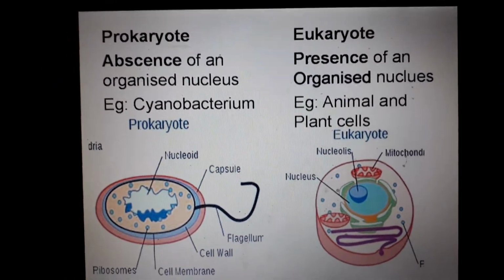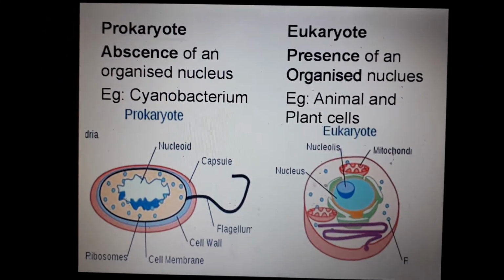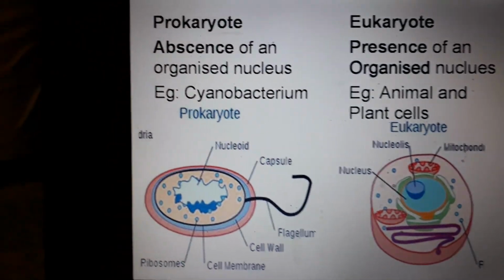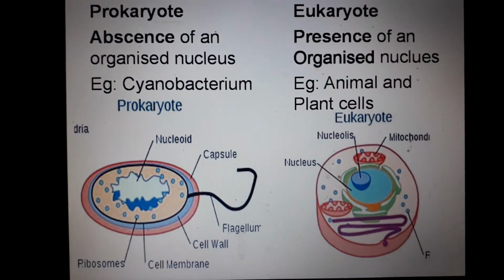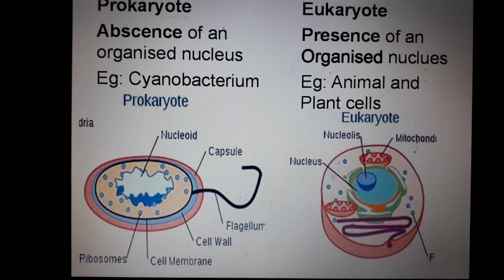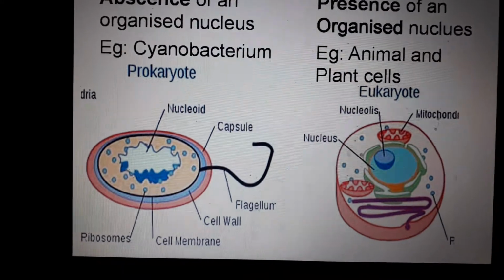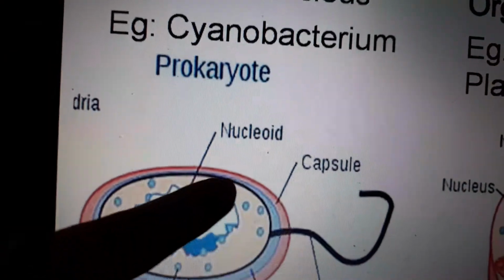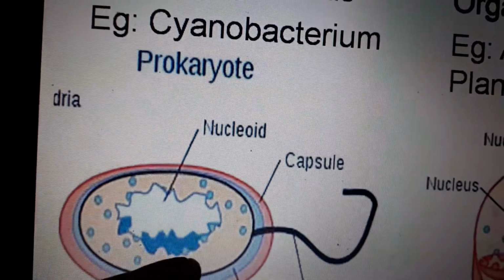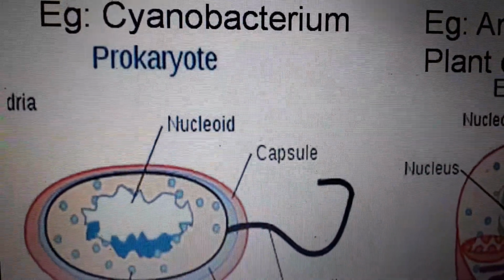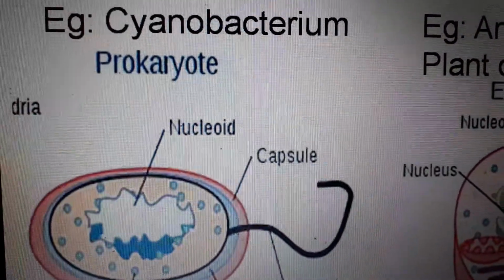There are two kinds of cells depending on how organized the nucleus is. When you observe a prokaryotic cell and a eukaryotic cell, in both there is a nucleus. But the nucleus in a prokaryotic cell is irregular; it does not have a definite shape and is not an organized nucleus.